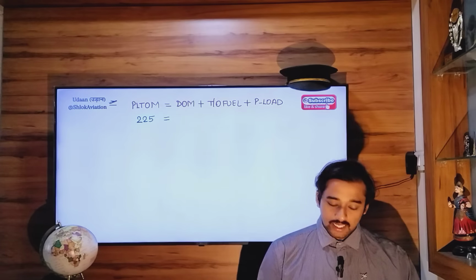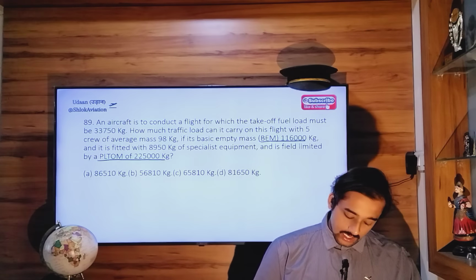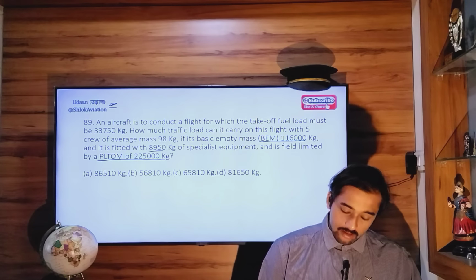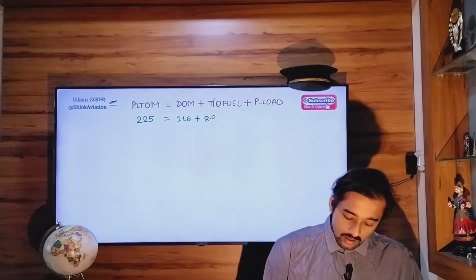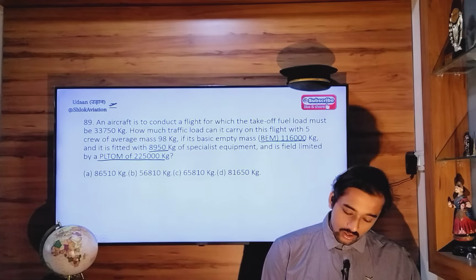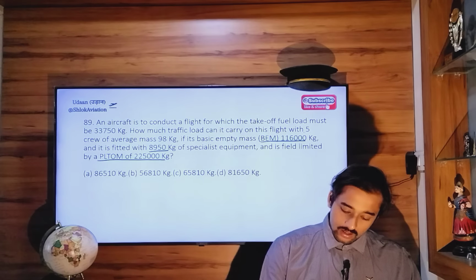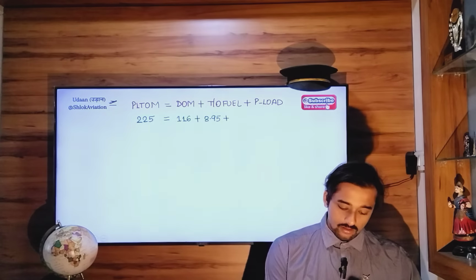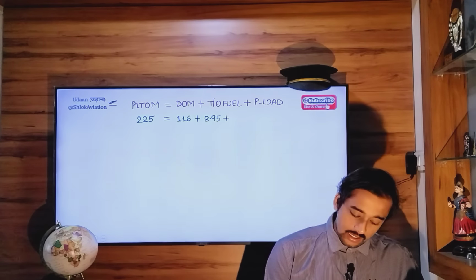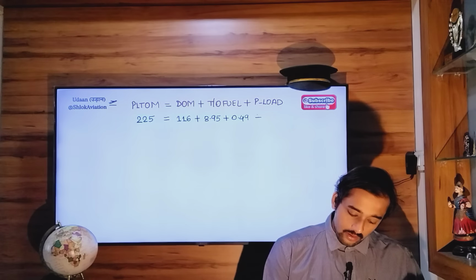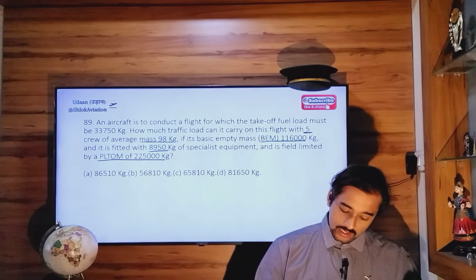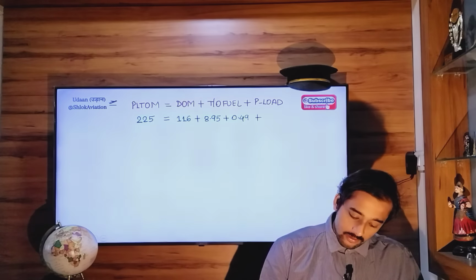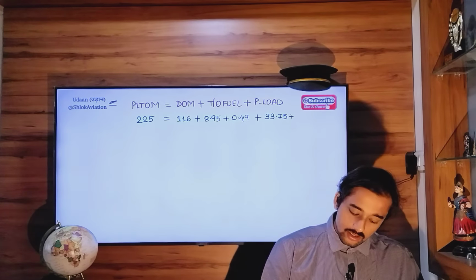Dry operating mass is basic empty mass 116 plus special equipment 8.905 plus crew. Now this crew is made of 5 employees, so 5 into 98, 490, so plus 0.49, plus takeoff fuel 33,750, so 33.75 plus payload.